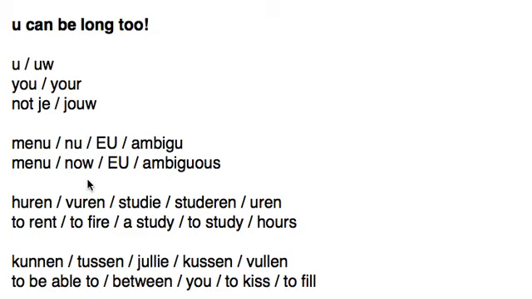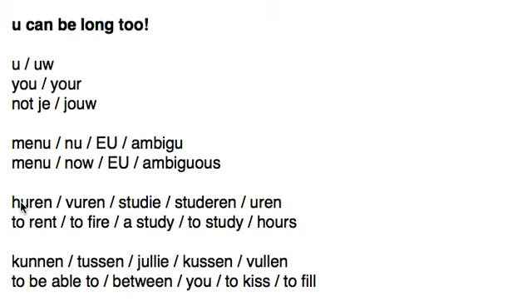Alright, now a special case when you have a short U, so just one U, then a consonant, and then an E or other vowels. So that's vowel, consonant, vowel. Then you would usually make the U long, and this is typical in infinitives.